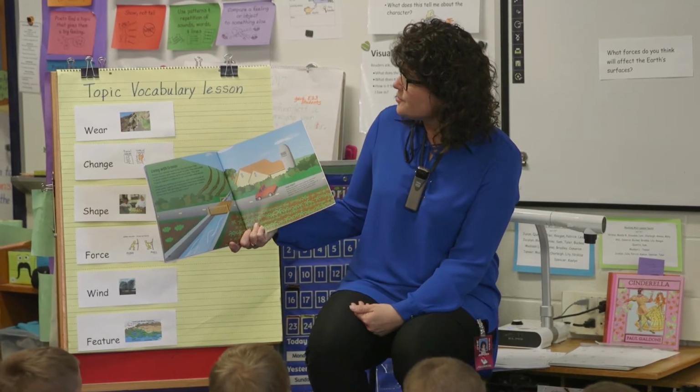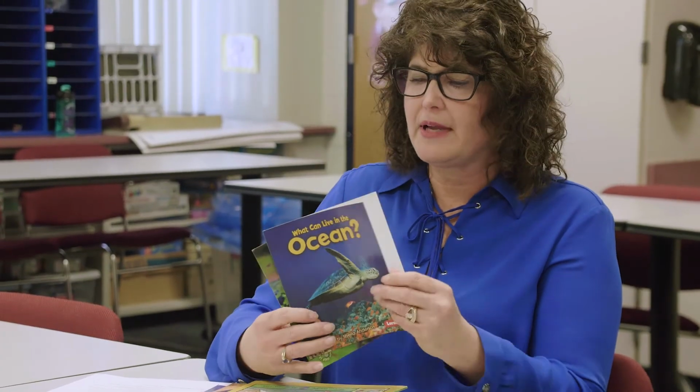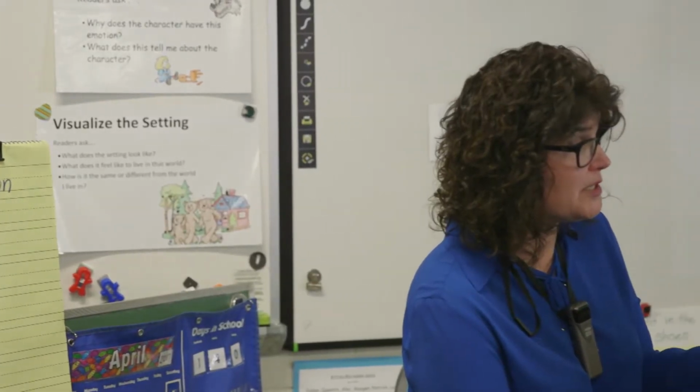In second grade, our topic is Earth, Land, and Water, and so we're introducing students to different landforms and bodies of water, and exactly like you were talking about in kindergarten and first grade, we started simple, made sure that students were noticing text features and introducing vocabulary.